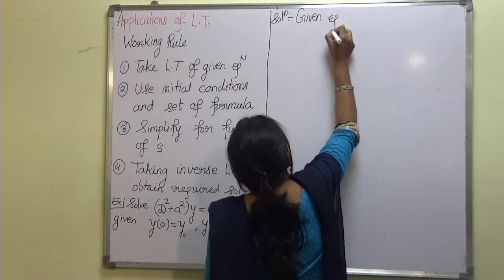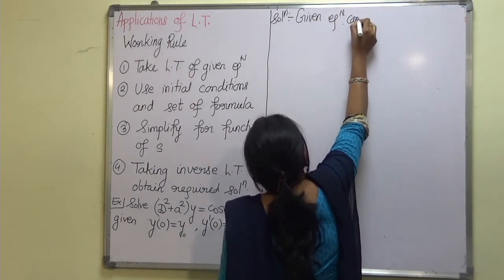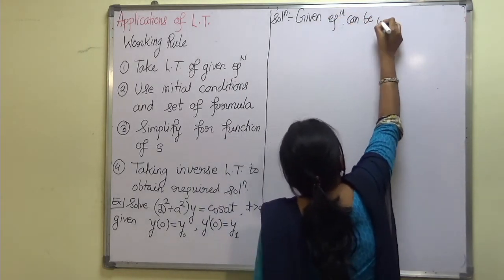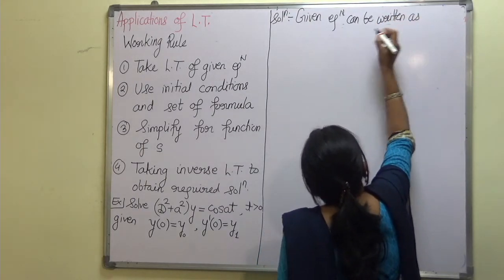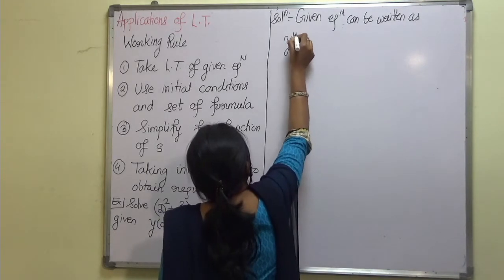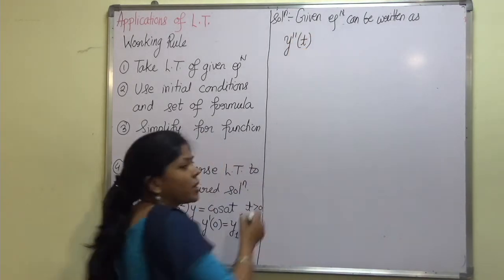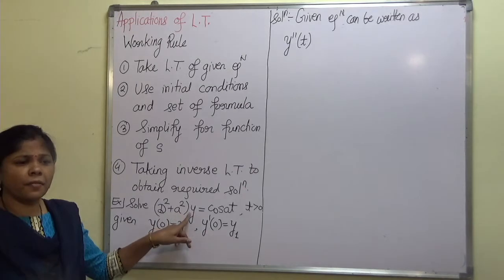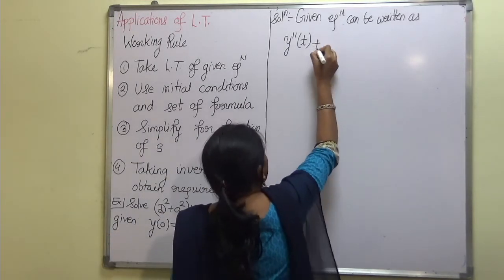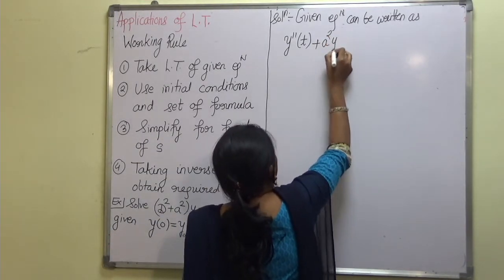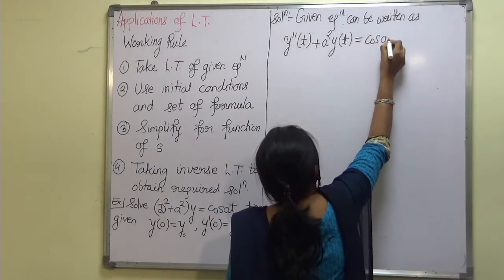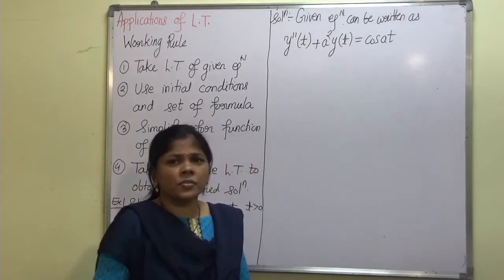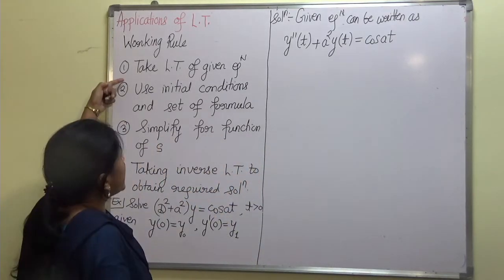So the given equation can be written as y double dash of t plus a square y of t, where y depends on t, is equal to cos at. Once we get this structure, we will apply these steps one by one.